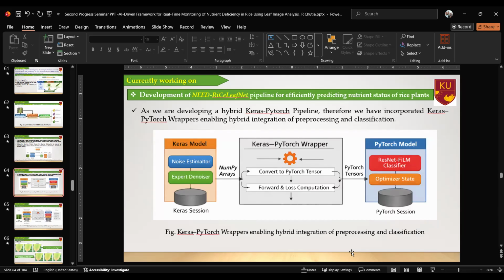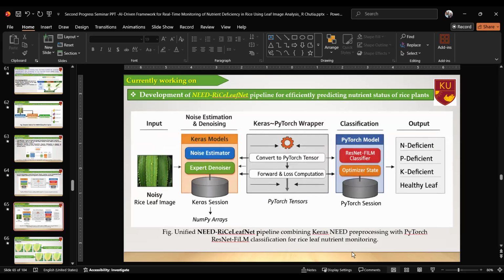One Keras-PyTorch wrapper will be used to bridge between these two architectures. So one we have is a Keras model and another is a PyTorch model. We will use the Keras-PyTorch wrapper for bridging these two models.